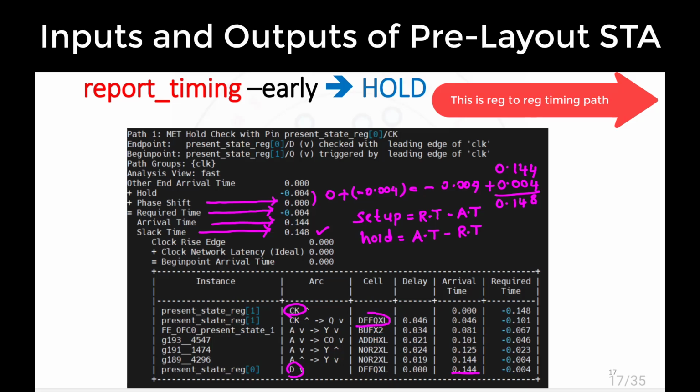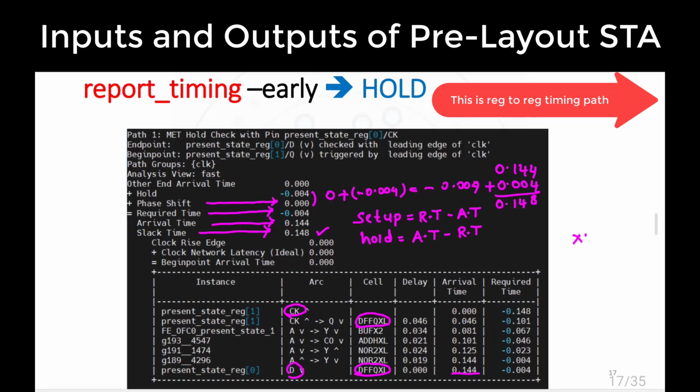Between these two registers, I have one buffer, one adder, and a NOR gate. Here also NOR. XL means drive strength. Remember this, here XL is called drive strength, X2 is called drive strength, whereas the D flip flop is a register. Buffer is a gate, here ADD is called an adder, and here NOR is a gate.